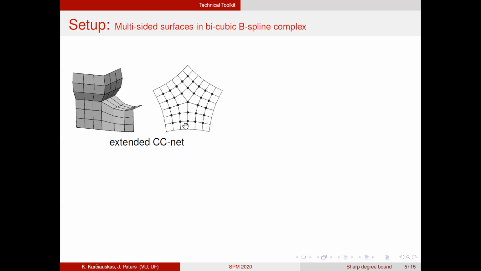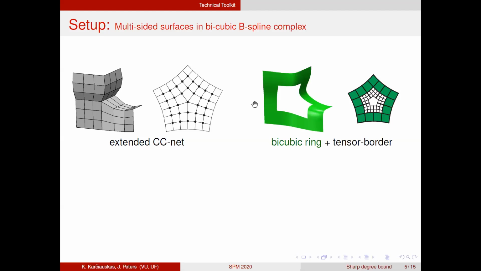And we notice that these extended nets are large enough so that we can have groups of 4x4 vertices in this grid. And each vertex you can think of as being a generalized B-spline control point. We extend this so that we can create a regular bicubic boundary around the central part that we're interested in, the multi-sided surface.